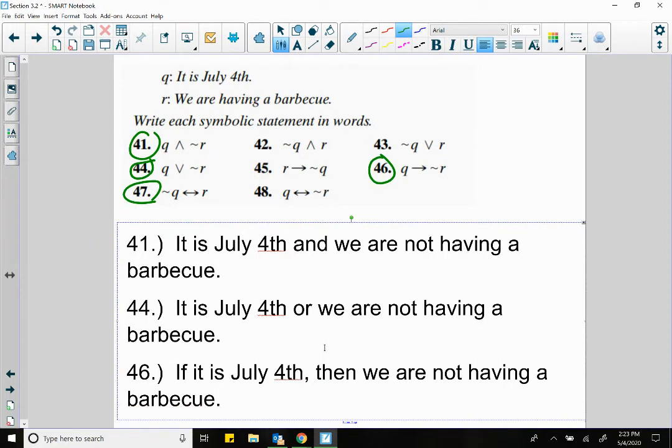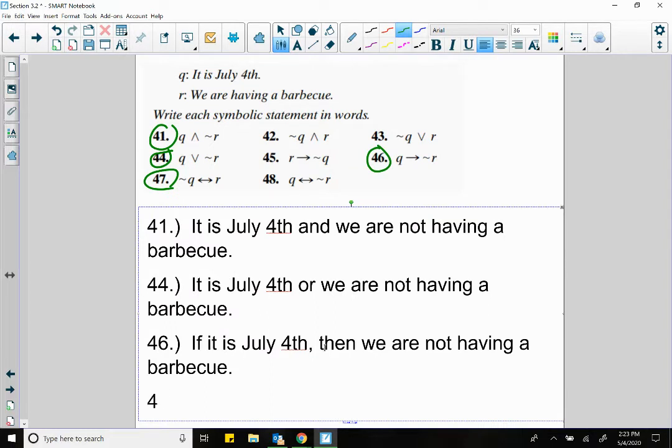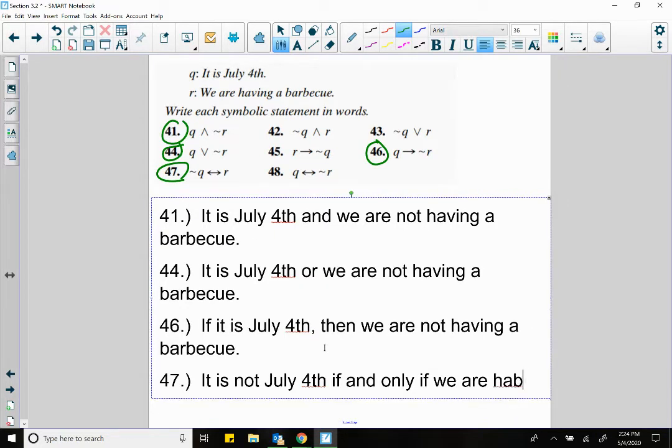Easy peasy. Last one. Hopefully you recognize this as the biconditional. So it is not July 4th. Oops, no comma. If and only if we are having, not having, that's weird.